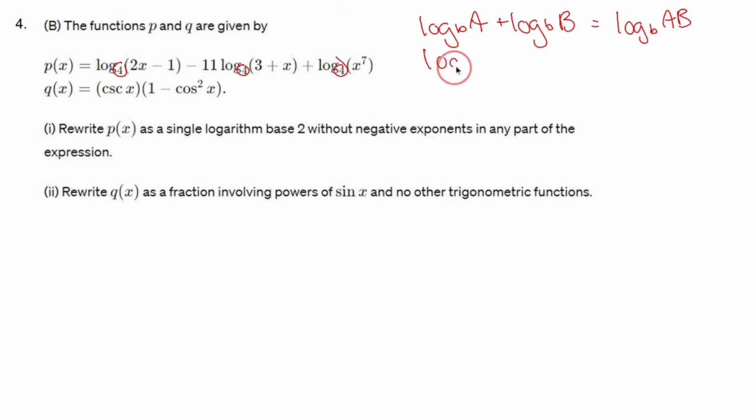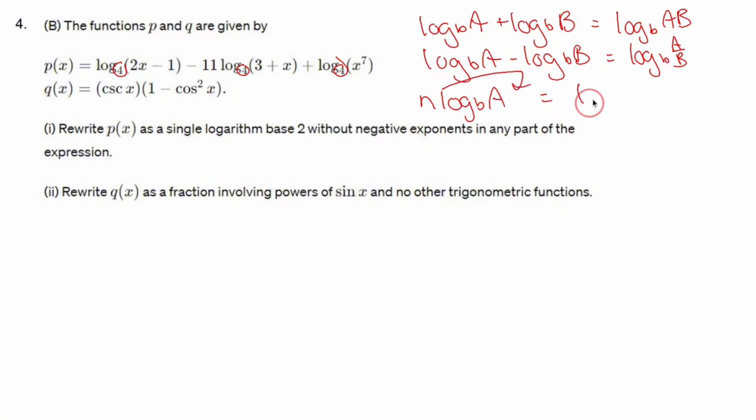And if you subtract logs of the same base, you divide the insides. So it's going to look like this. And if you have a number floating around in front of a log, you can take that number and move it up here and make it an exponent like so.